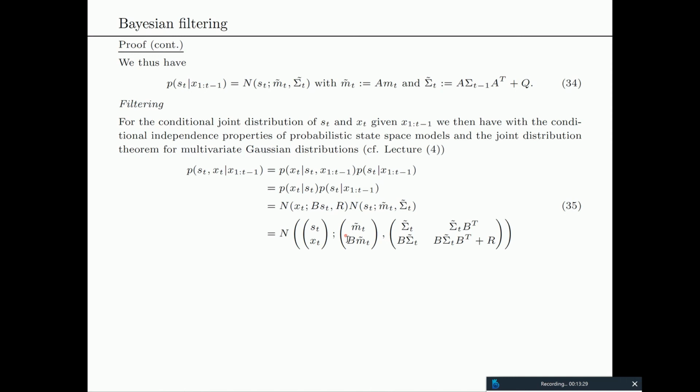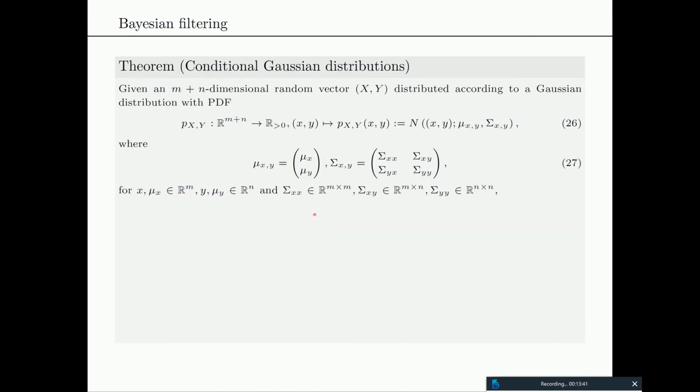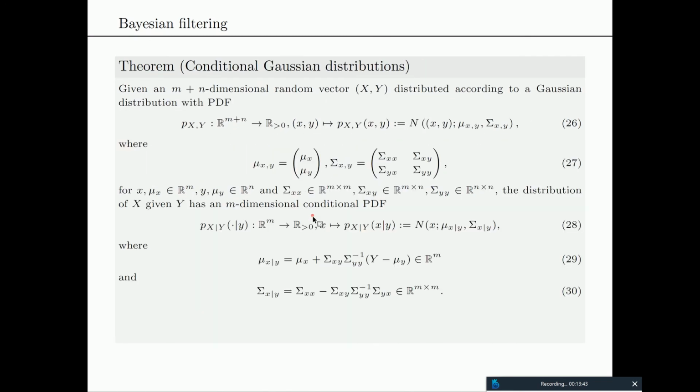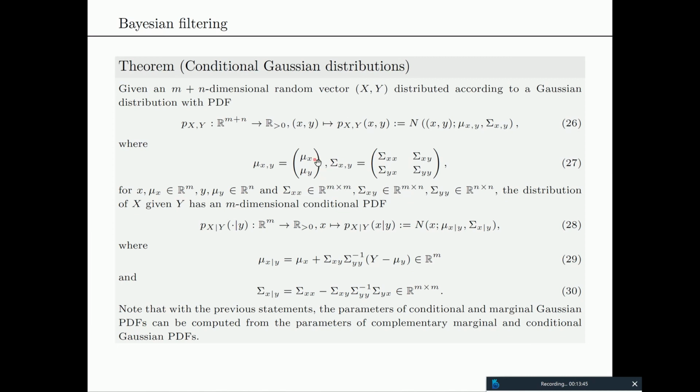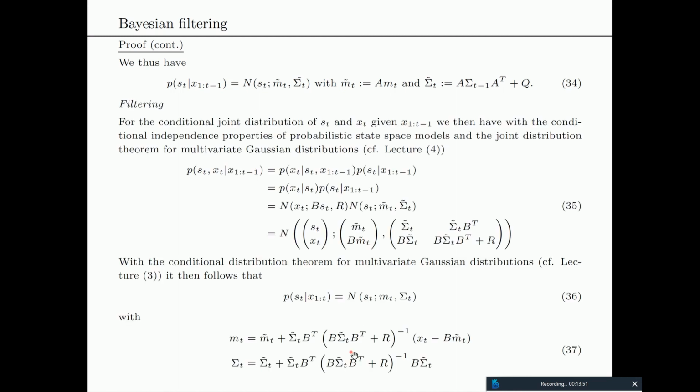Essentially it comes down to writing down the filtering equations in general, and then realizing that these are applications of the joint and conditional Gaussian theorems, and then just looking into the parameter equations, and then the equations come out. Yeah. So we will look at this again in the Übung.